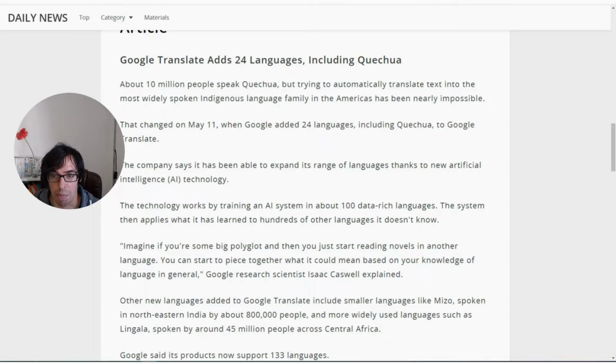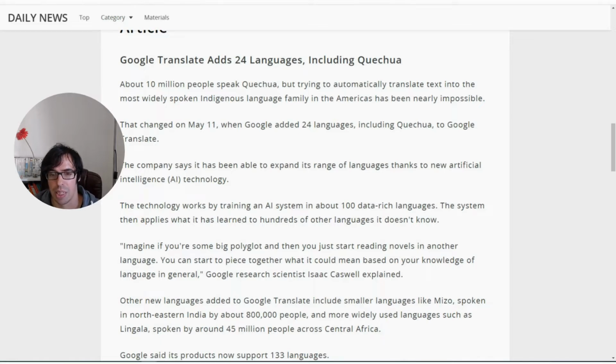About 10 million people speak Quechua, but trying to automatically translate text into the most widely spoken indigenous language family in the Americas has been nearly impossible. That changed on May the 11th, when Google added 24 languages, including Quechua, to Google Translate.